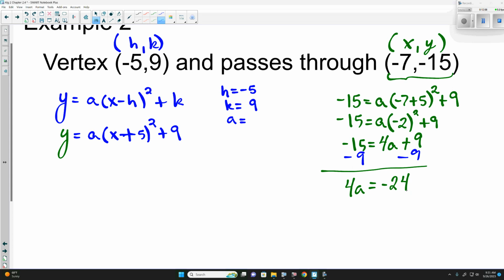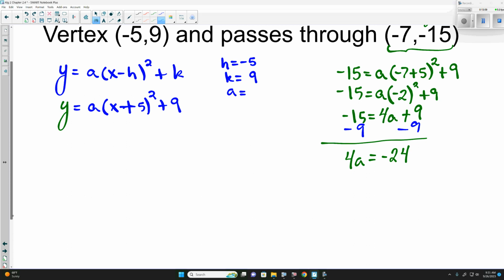We have to divide everything by that 4. It's a little bit easier to do our addition subtraction first. Yeah, save the multiplication division later. It just makes it a little bit easier. You're good. It's very tempting to want to do that first.